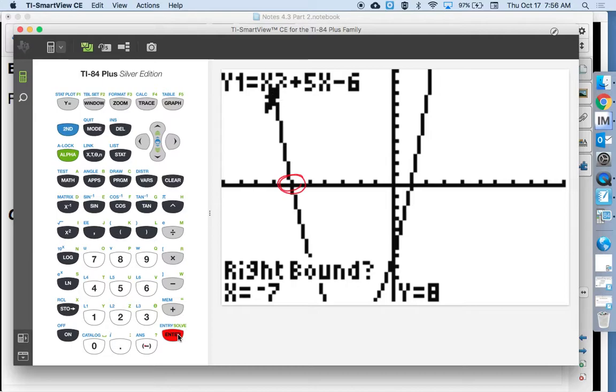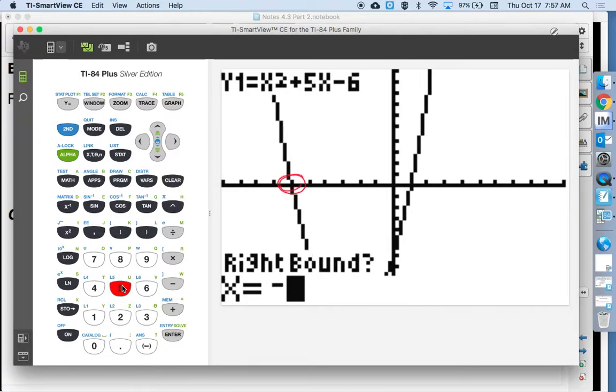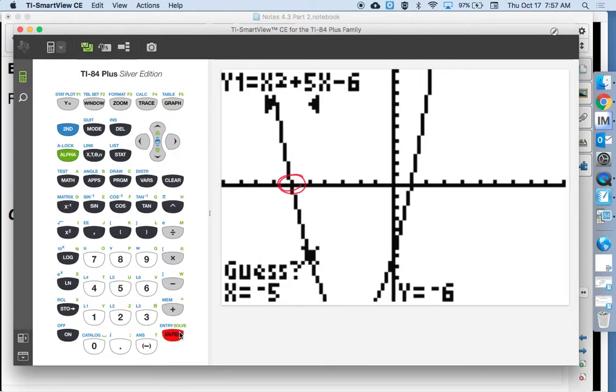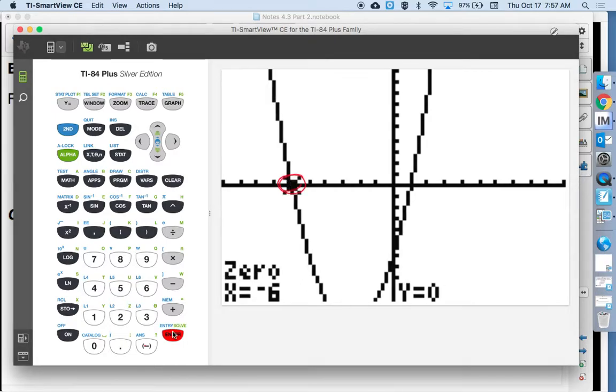Right bound means I need a number slightly to the right of it, which if my 0 is at -6, I would type in -5, and then hit enter. Now I have these two arrows pointing towards each other, and in between there should be my x-intercept. If you hit enter one more time, you never do anything for guess, that's just the calculator pulling the material together. It tells you that your 0 is at (-6, 0). This is really beneficial when your 0 is a decimal.